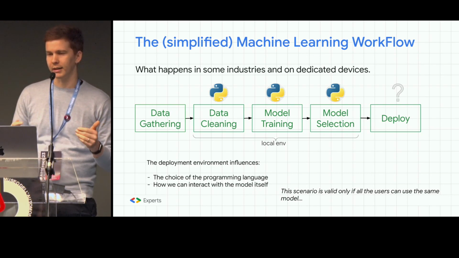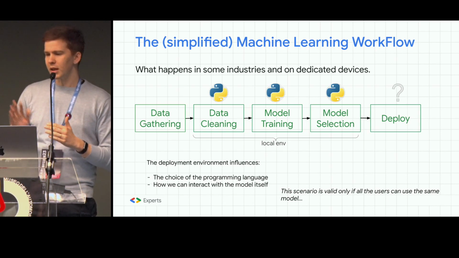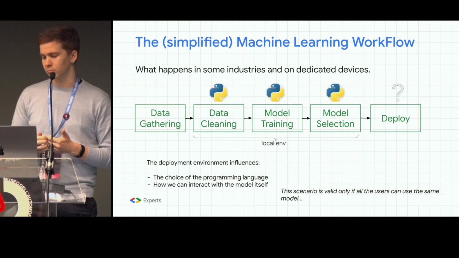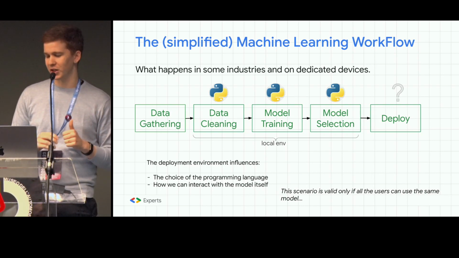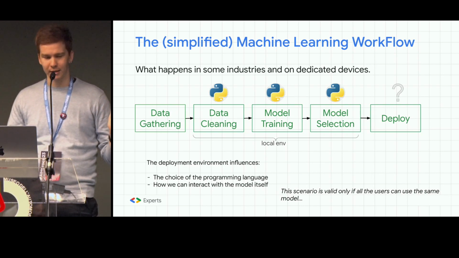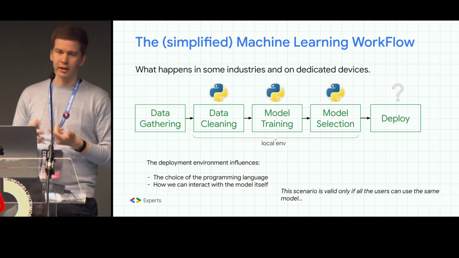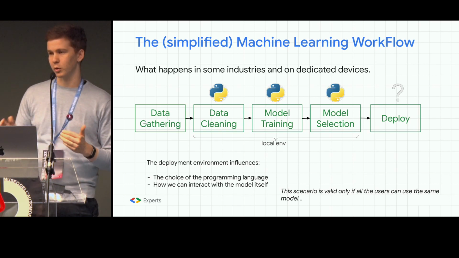Of course, you need to define it and understand your data. Then do the model selection, and then deploy it. Usually, unless you are pretty crazy and use strange technologies, the great majority of the work is executed in Python: the data cleaning, the model training, the model selection, and perhaps even the deployment.